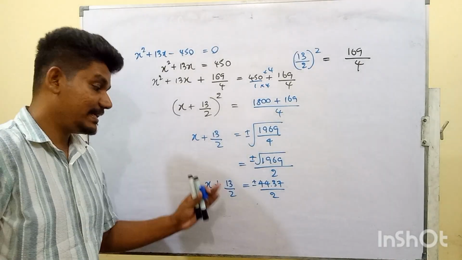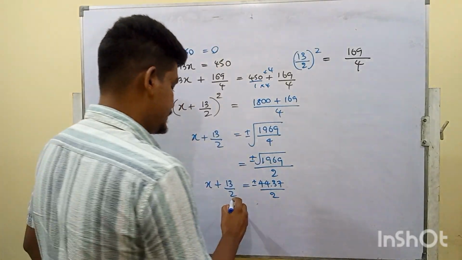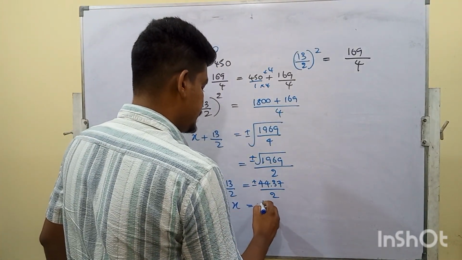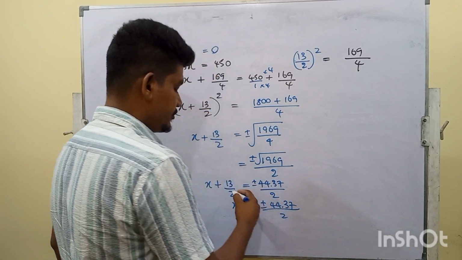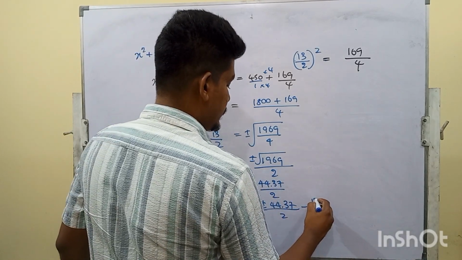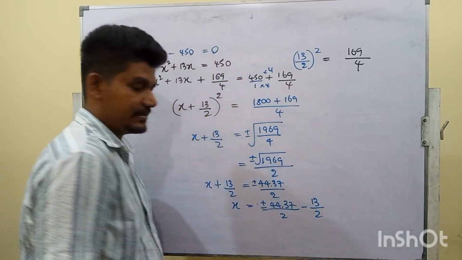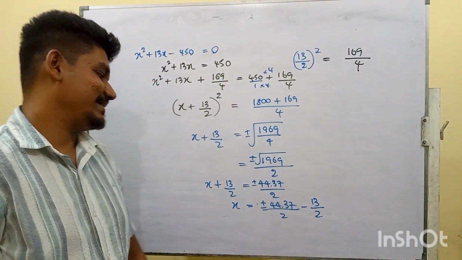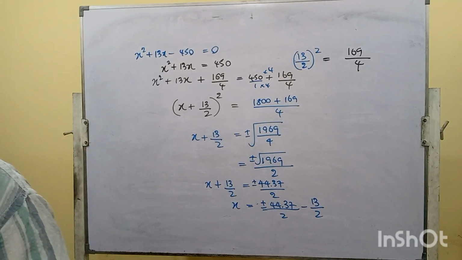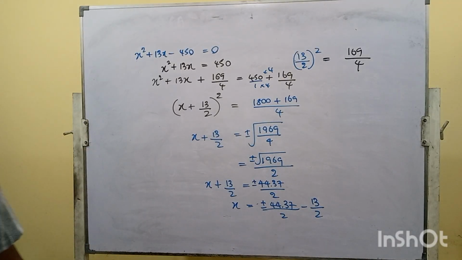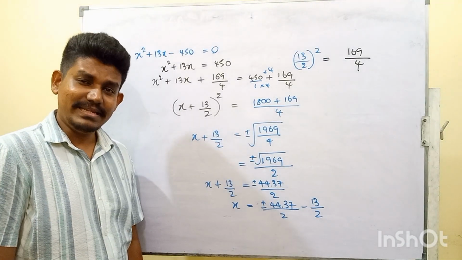Now I'm going to take this term to the right side as minus. And x equals plus or minus 44.37 divided by 2, minus 13 over 2. Now we can simplify. We have to consider the plus value or the minus value. Can it be negative?